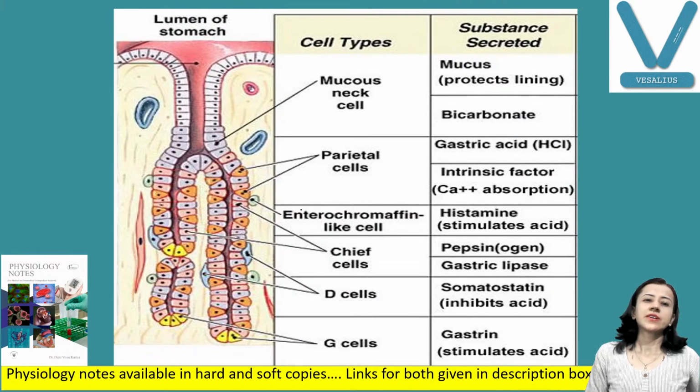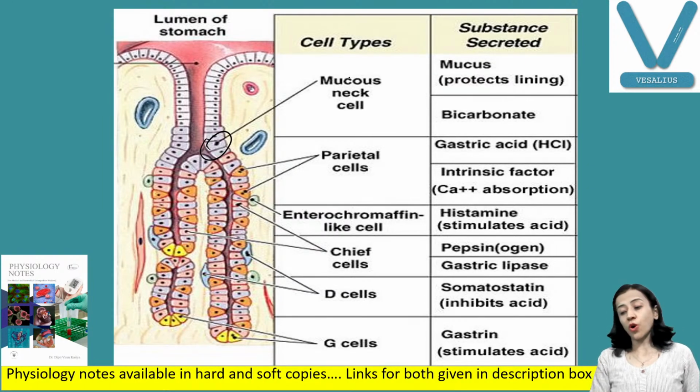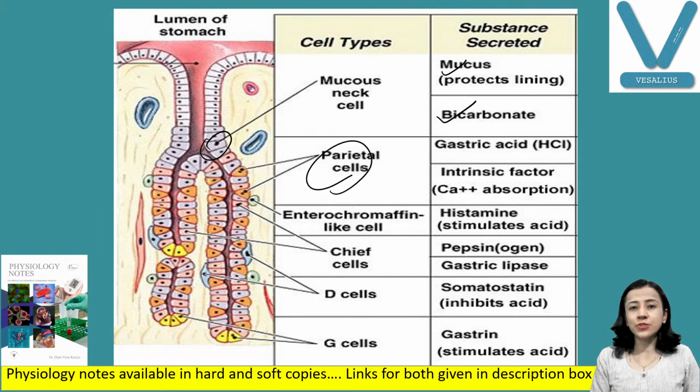Now, which are the different cells? You can see here, mucus neck cells are present in your oxyntic glands, the major glands. Mucus neck cells secrete mucus and also bicarbonate. Parietal cells, as I told you, PIH: I means intrinsic factor, H means HCl.